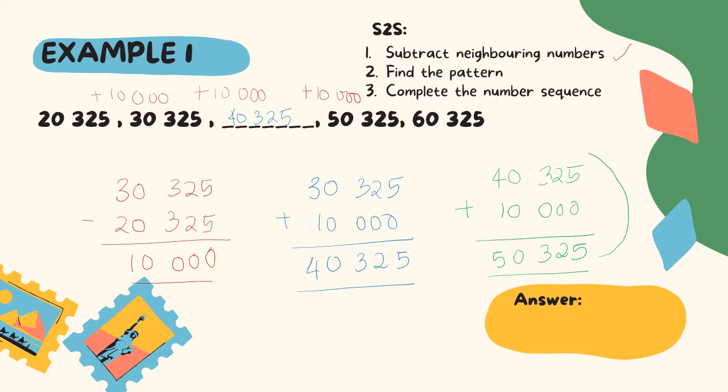Is this the same? Yes, it's the same. So meaning to say that the patterns are consistent. So our answer is 40,325. And the number sequence is complete.